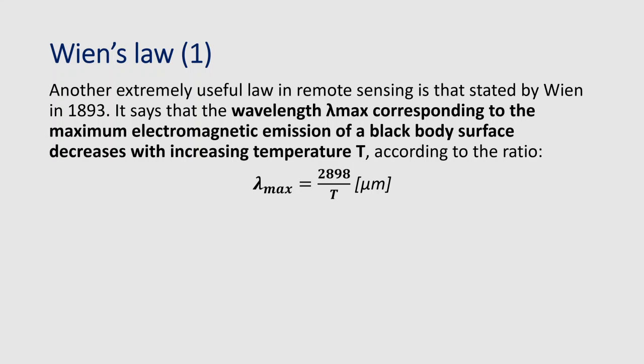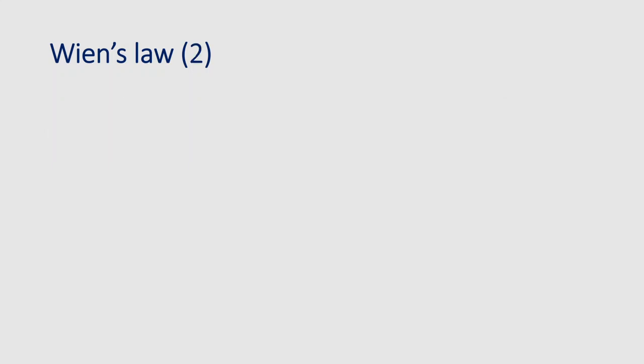So you see that using these Wien laws, the result is around 10.5 microns. So that means that the Earth is emitting with a maximum in the thermal infrared. And this is very important, and we will also see that in the next lecture.